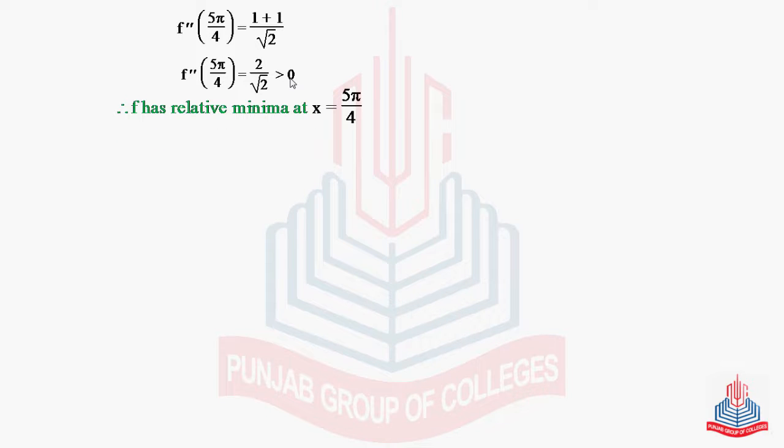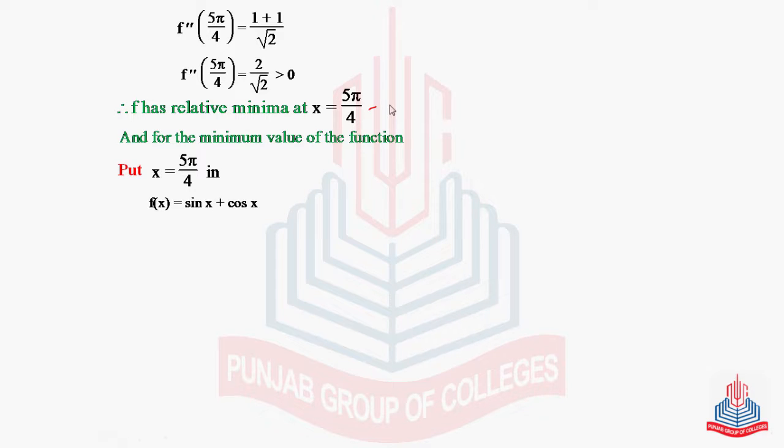And for the minimum value of the function, we put x is equal to 5 pi by 4 in our given function. So f of 5 pi by 4 is sin 5 pi by 4 plus cos 5 pi by 4. Sin 5 pi by 4, being in the third quadrant, will return a negative value, which is minus 1 over square root 2.